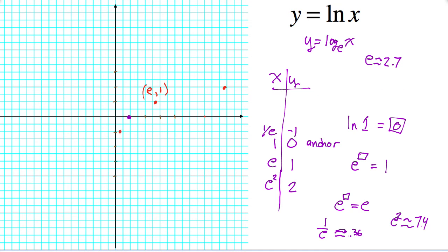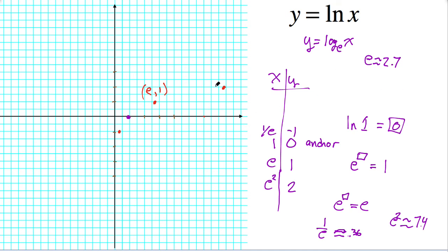If we were to sketch a line between these points, you'd get something that looks approximately like this. And again, it doesn't actually hit the axis. It gets infinitely close to the axis. So we can have our vertical asymptote, which it never actually hits.